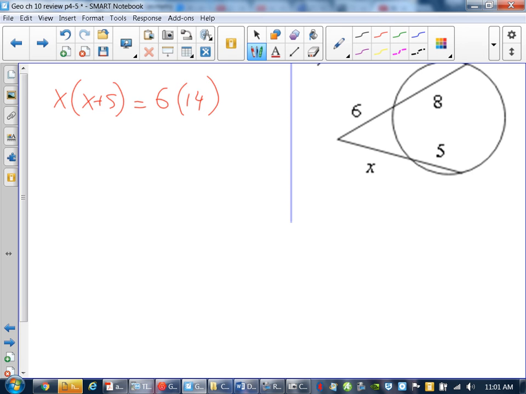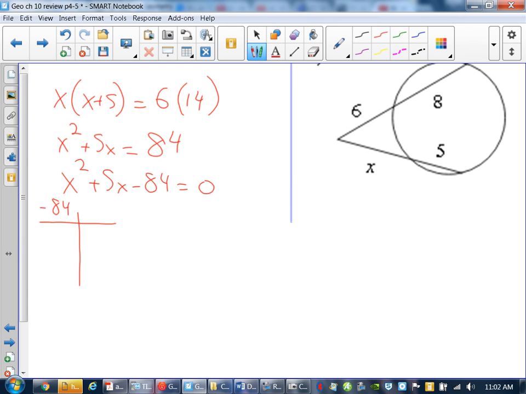Distribute through, we get x squared plus 5x equals 84. Subtract the 84, we get x squared plus 5x minus 84 is 0.